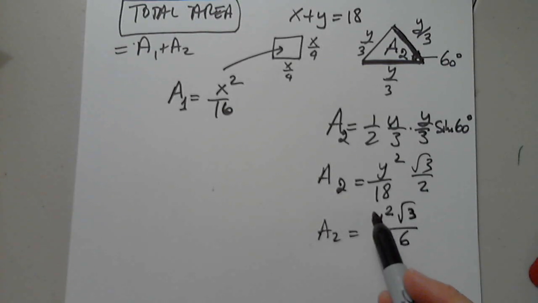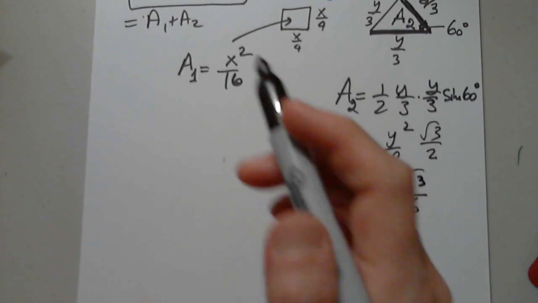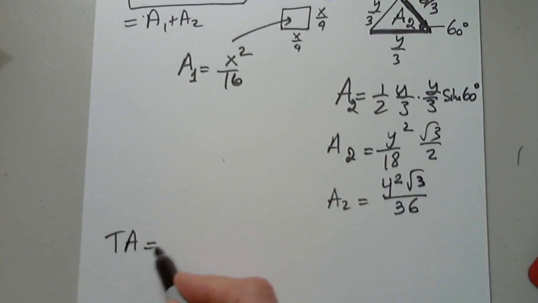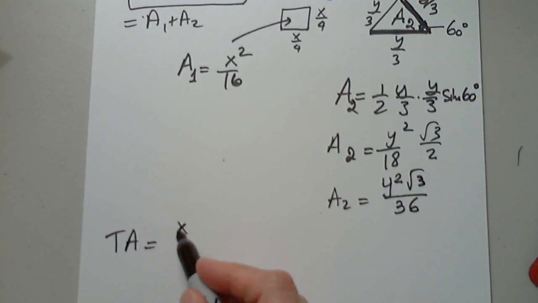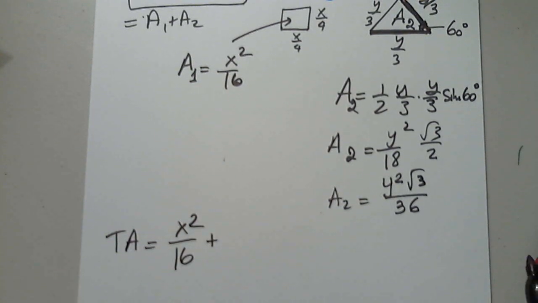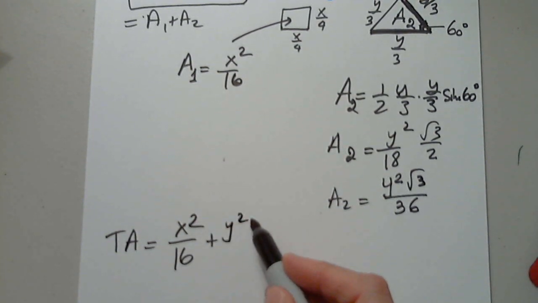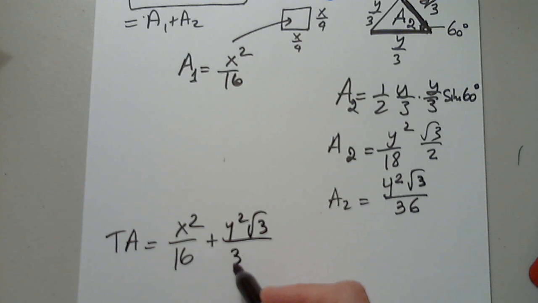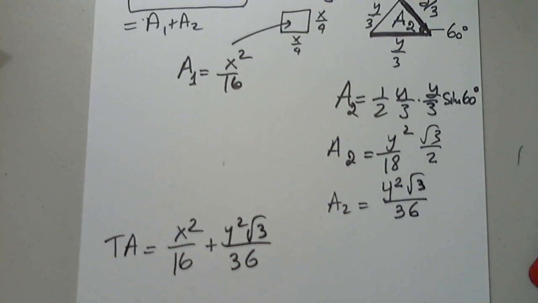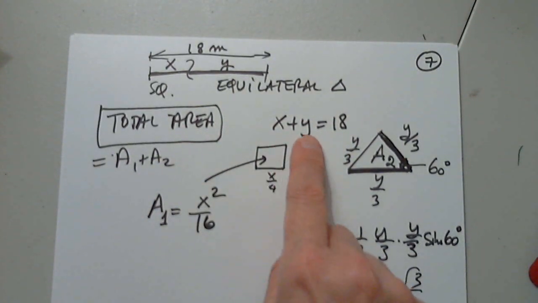Any questions so far? So then the total area, TA, is x squared over 16 plus y squared times the square root of 3 over 36. One of these two has to go away because I can't continue. It doesn't matter which one goes away.